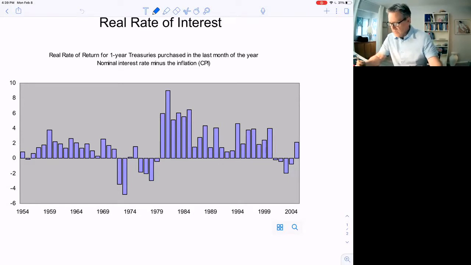And then you can see there was another period of time from about 2000 to 2005, where real interest rates were negative. They went up a little bit. And then during the pandemic recession of 2020, they've come down again where real interest rates became negative again.